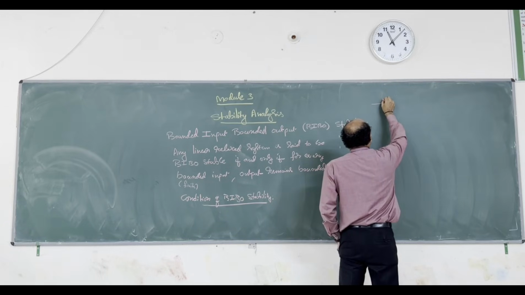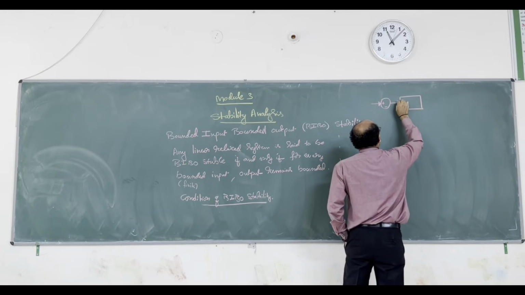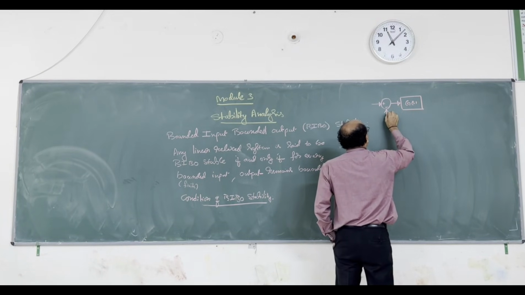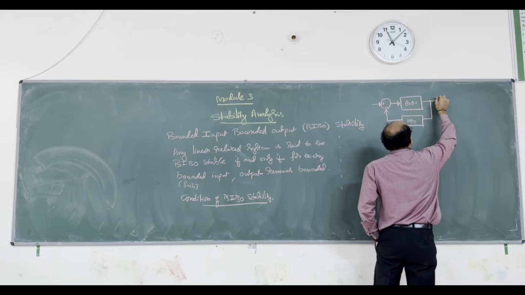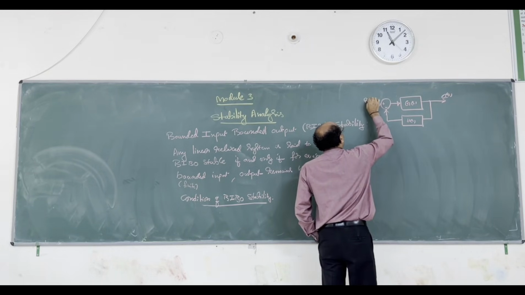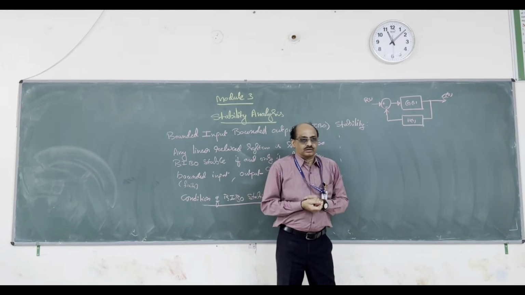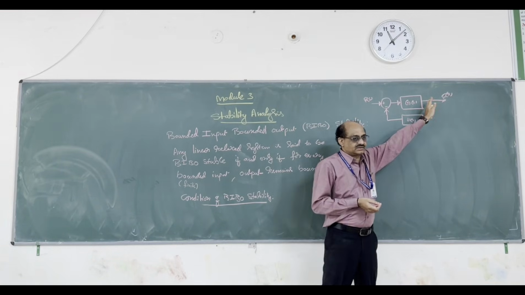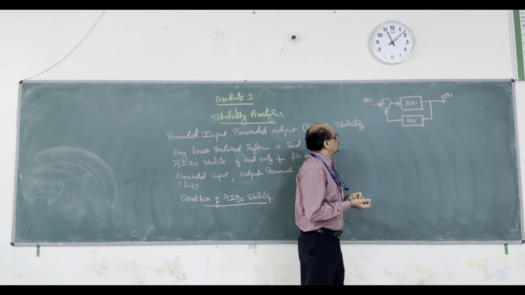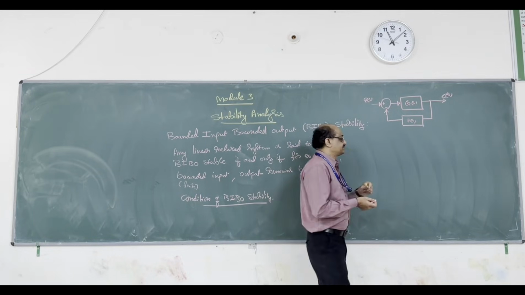Let me consider a closed loop system with the input R of S and the output C of S. Here R of S is the input in the S domain, C of S is the response in the S domain, G of S is the forward path transfer function, and H of S is the feedback path transfer function.